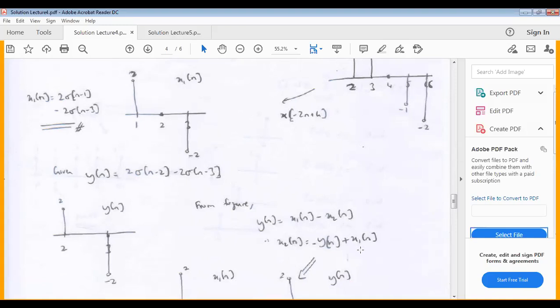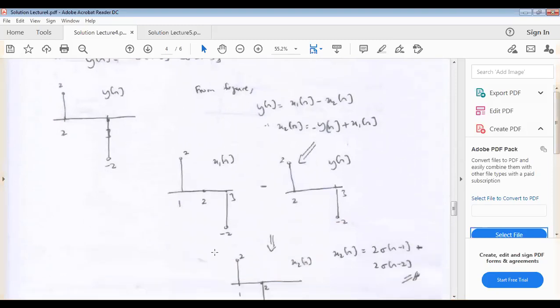by doing the arithmetic operations between the y[n] signal and the x1[n] signal, where x2[n] is a subtraction of x1[n] and y[n]. So x1[n] is here, obtained from the first part just now, and we subtract the y[n] here, which is obtained from here.